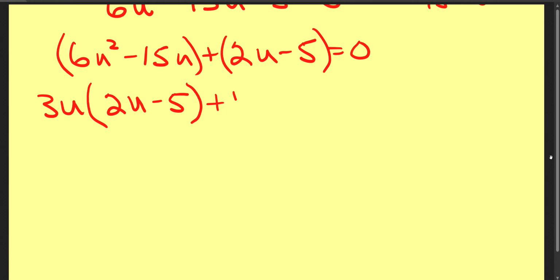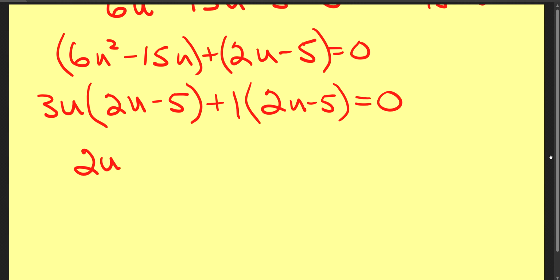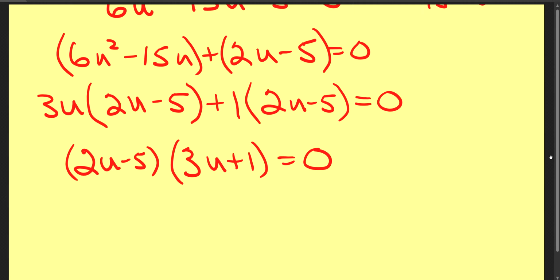I can only bring out a 1 here, and what's left is 2u minus 5, all equal to 0. Alright, take out my binomial factor of 2u minus 5, and what's left is 3u plus 1, equaling 0.